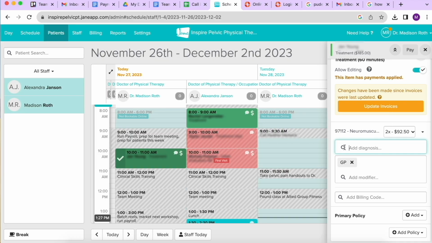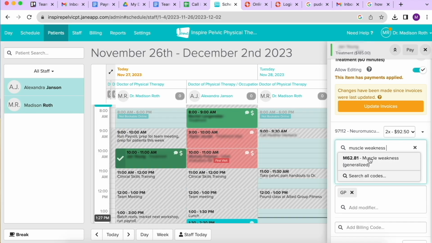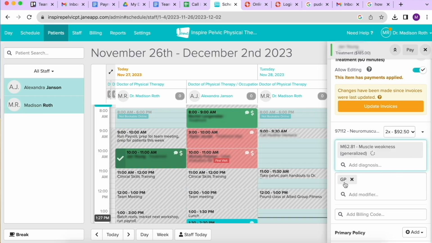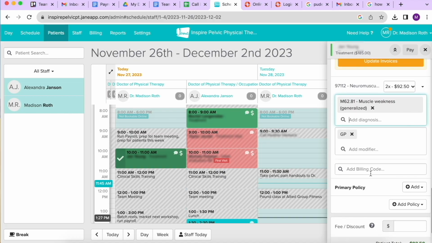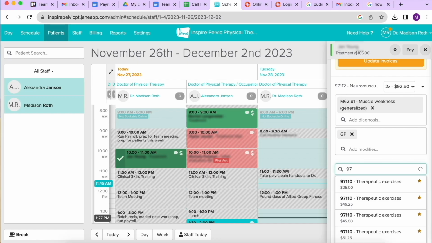You want to add your treatment diagnosis. So this is the muscle weakness generalized. This modifier, if you're an OT, it should say GO. If you're a PT, it's GP. 97140.